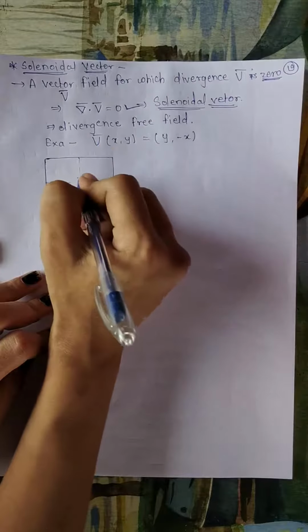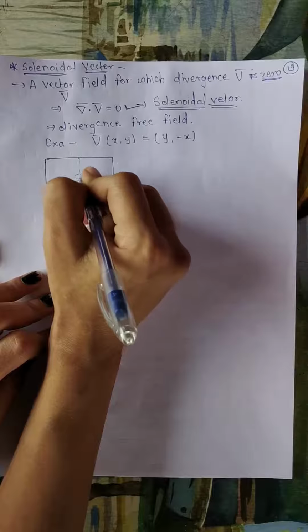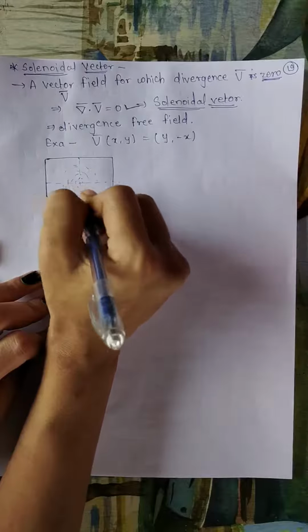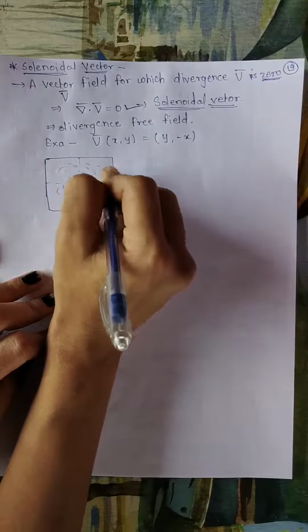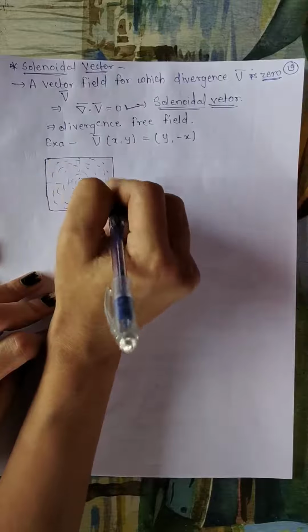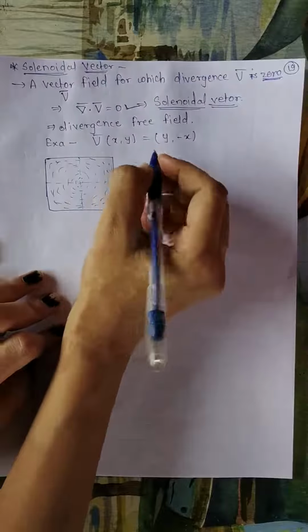This means the divergence of the vector field will be zero. Such types of fields are known as a solenoidal field or divergence free field.